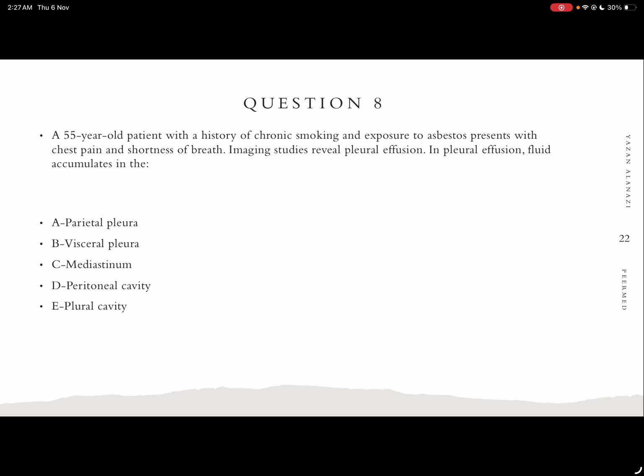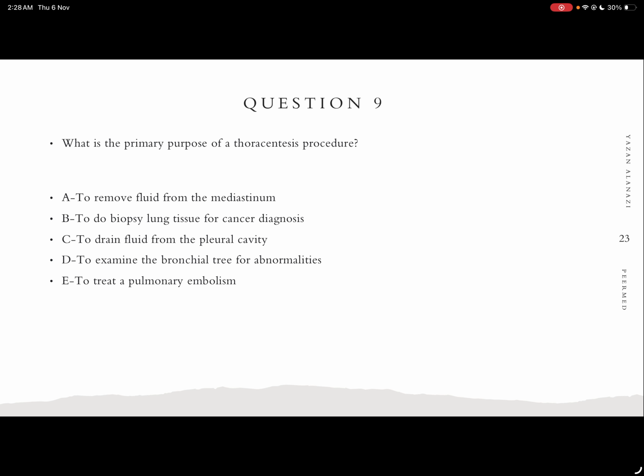Imaging studies reveal a pleural effusion. Where does the fluid accumulate? We just said pleural effusion means we have a problem in the pleura, so it's in the pleural cavity. That's so easy. Just make the questions easy, don't overcomplicate them. They're already so easy. They just try to trick us.